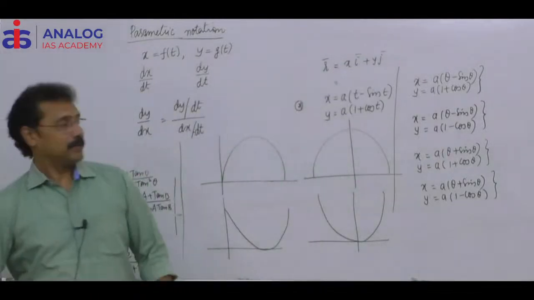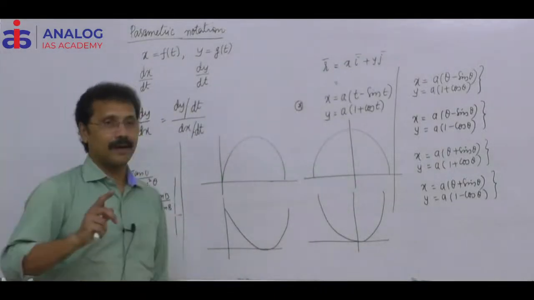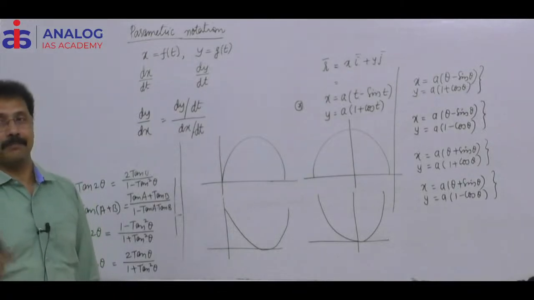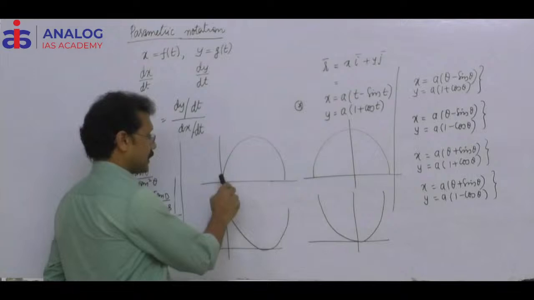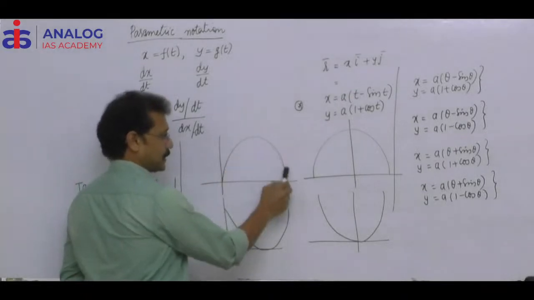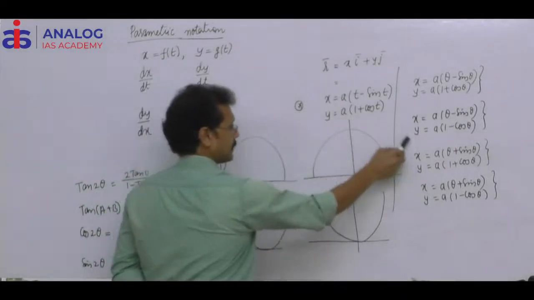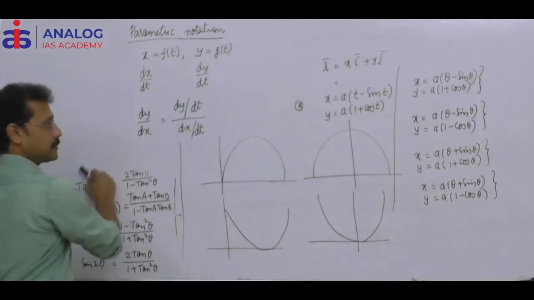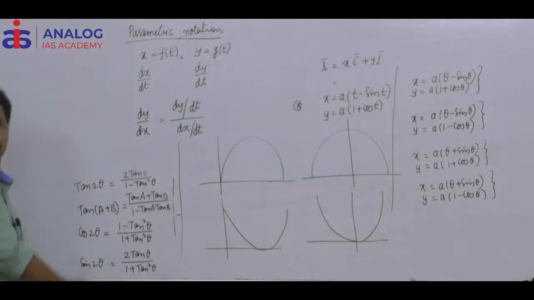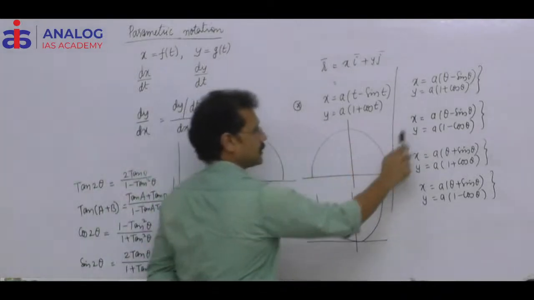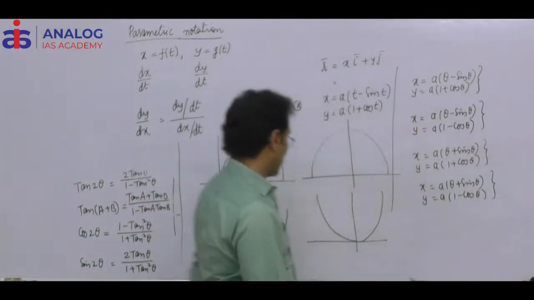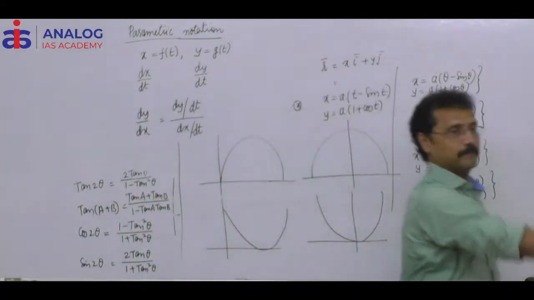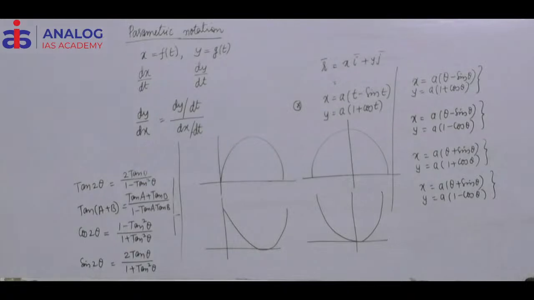Now here, this is one arch of a cycloid, one arch only. But the cycloid is not just this one. If you look at this one, like this, like this, it keeps going. Even the left hand side also, it keeps going like this. That is a cycloid. Here also, this keeps going. In the case of this one, it keeps going. Multiple arches would be there in that cycloid.